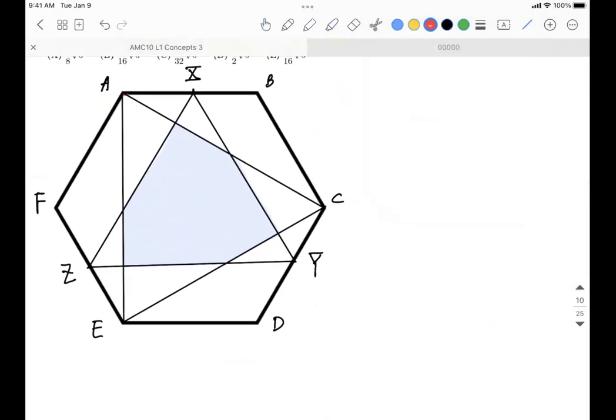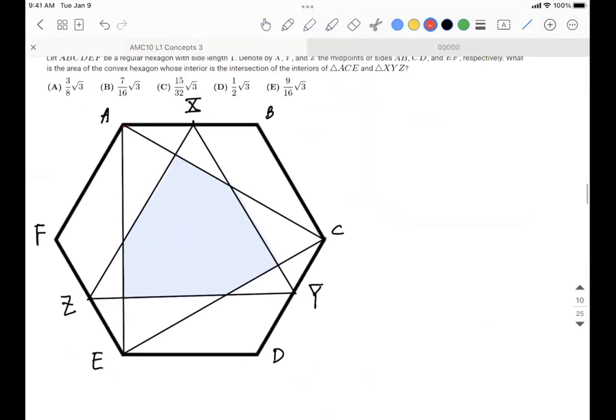simplify your calculation. You see, X, Y, Z already give you the midpoints of three sides, right? I'm going to do the same thing for the remaining three. Okay, now I find the midpoints of the remaining three sides. So that being said, let's have a look at this blue region.